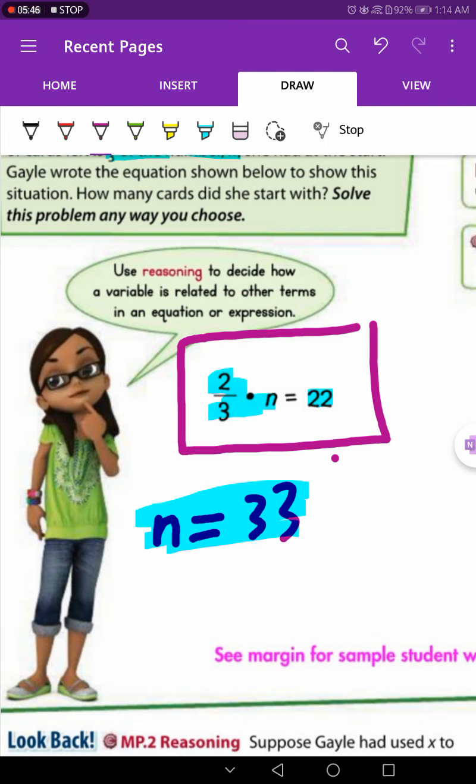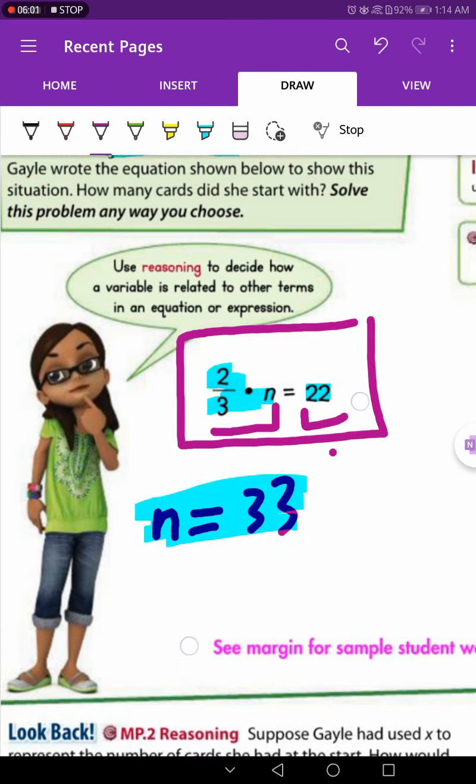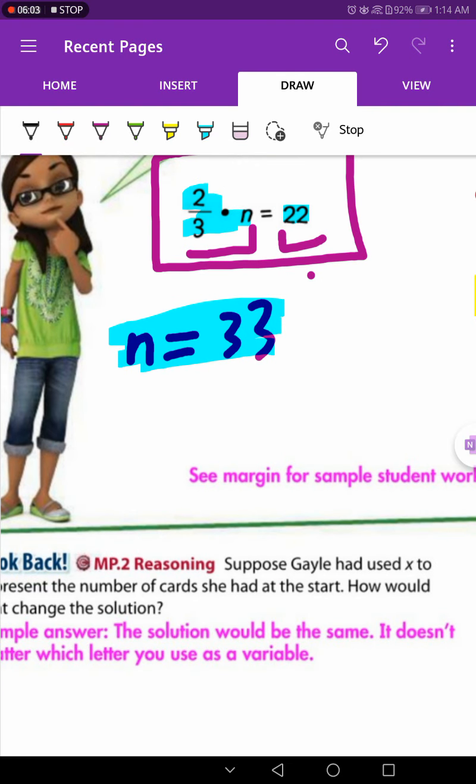Now, teacher, if I substitute n by 33, I will get the left side equal to the right side. Yes. Okay, let us try. See, this is the meaning of finding the solution.